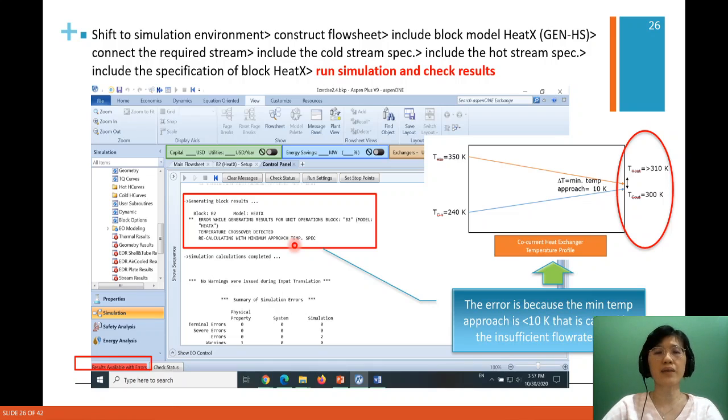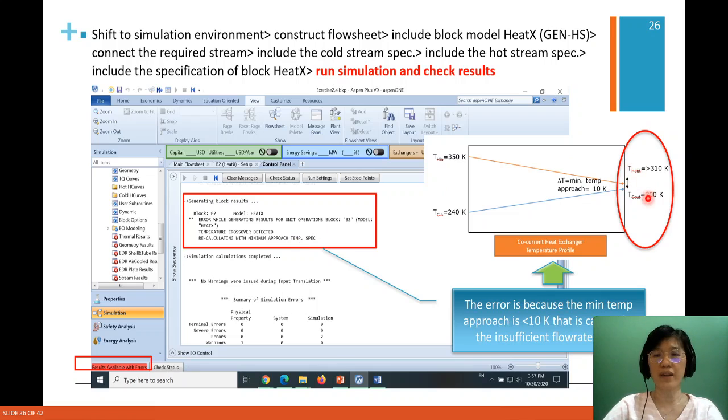So meaning to say, we may not achieve the targeted minimum temperature approach, and that is why your hot stream temperature profile is crossing over with your cold stream temperature profile, like this one.